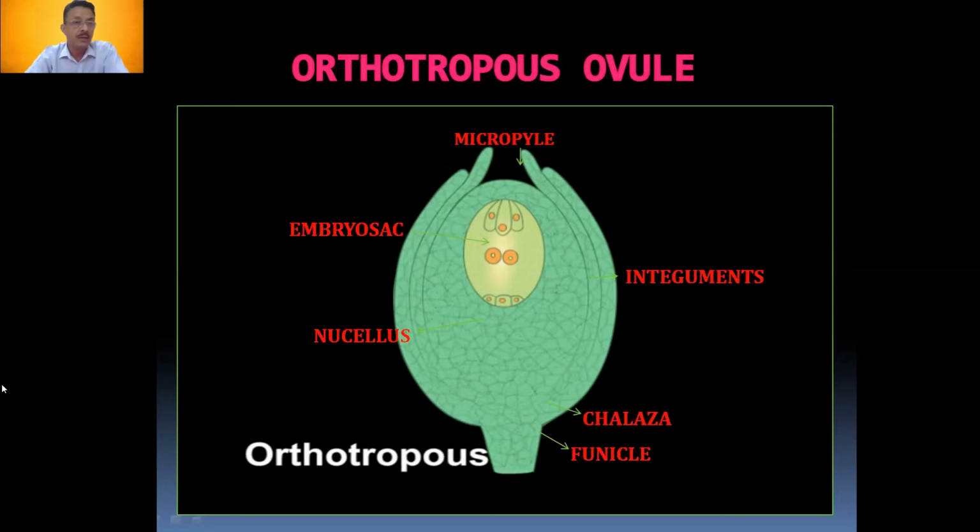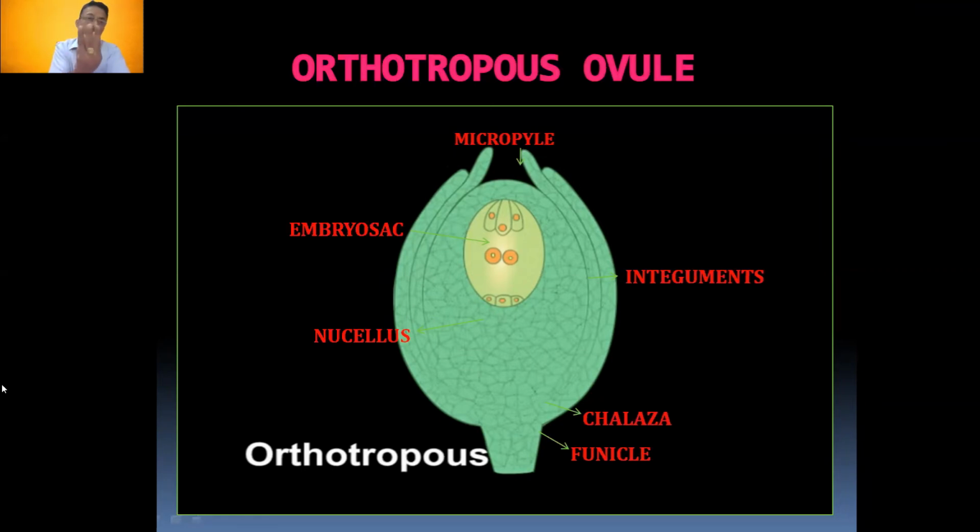And inside the ovule, there is embryo sac and nucellus. Nucellus is the main body of the ovule, and inside the nucellus the embryo sac is formed. This embryo sac is also called female gametophyte. Now, the first type of ovule is called orthotropous, which is very straight.